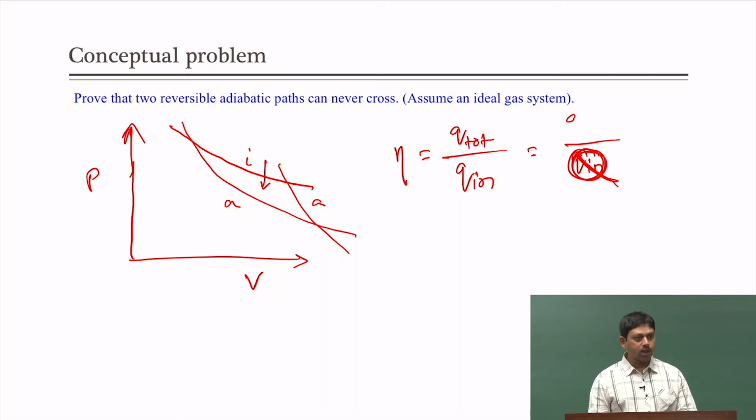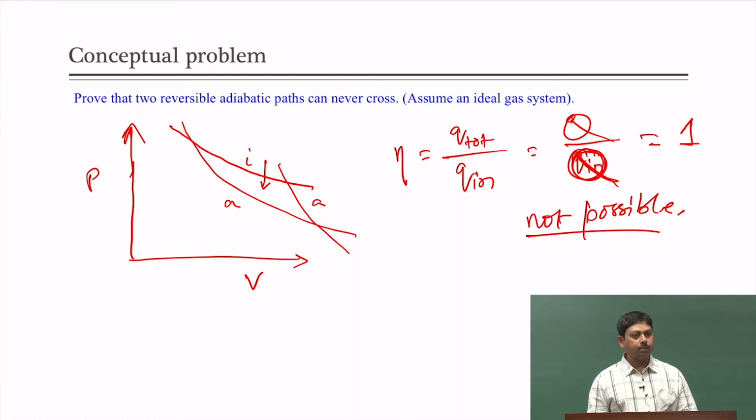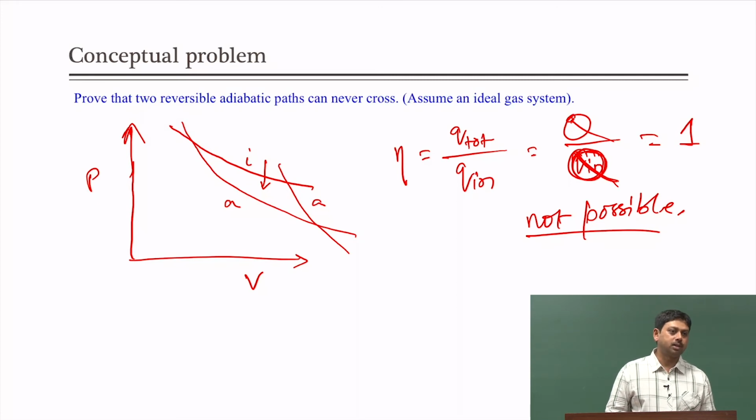Because Q tot, total Q is only that Q, because there is no other place, which is 1, which is not possible. So, if two adiabatic paths would cross, then you can always join them by an isothermal path, and that would violate second law of thermodynamics. Therefore, two adiabatic paths cannot cross.